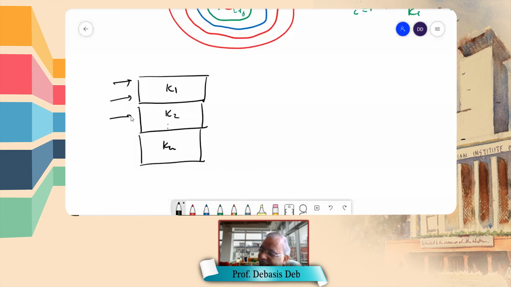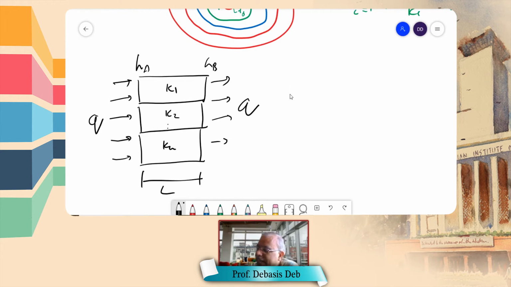Q is flowing like this, and this Q is coming like this. L is constant for them. And this is HA and HB. So can anybody tell me what is this K equivalent? You calculate that. This is a parallel combination. You can see that.